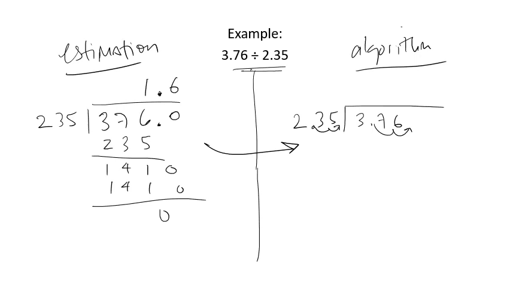Now, I would put it to you, of these two ways of approaching this problem, which one's going to make more sense? This estimation, at least you can reason through why what is happening is happening. The algorithm presented first, independent of any sort of rationale, just becomes a series of steps that you do because you're told to do it.